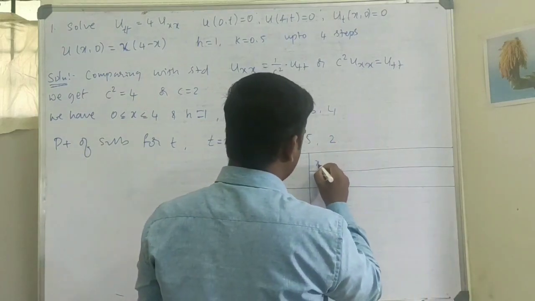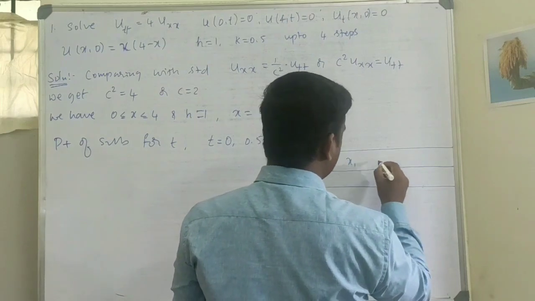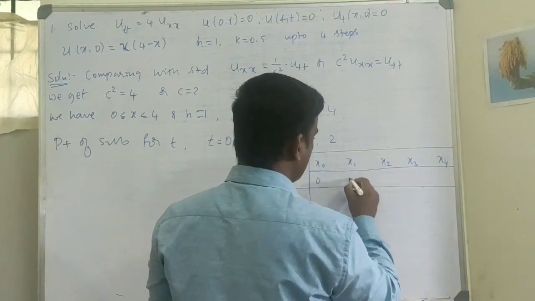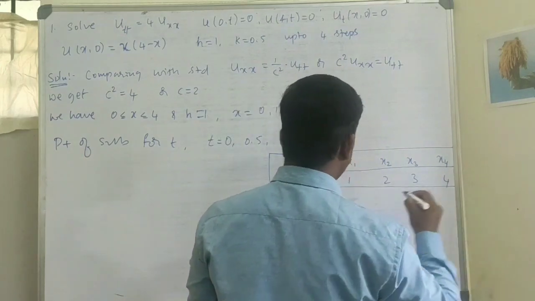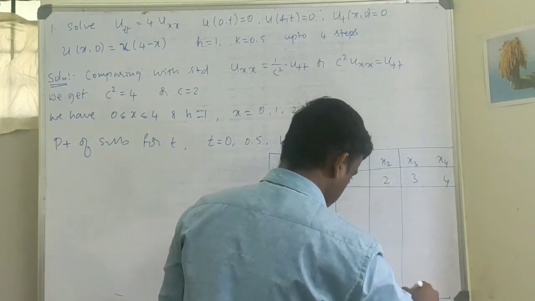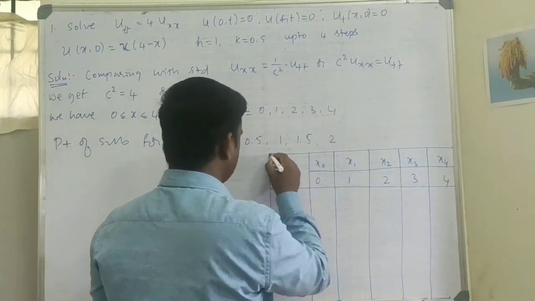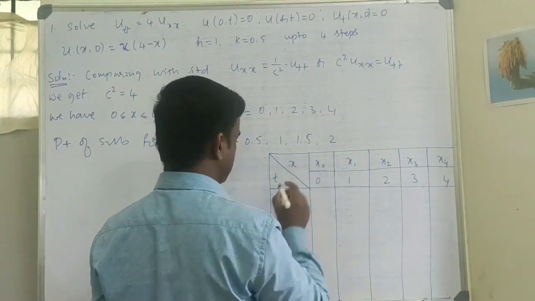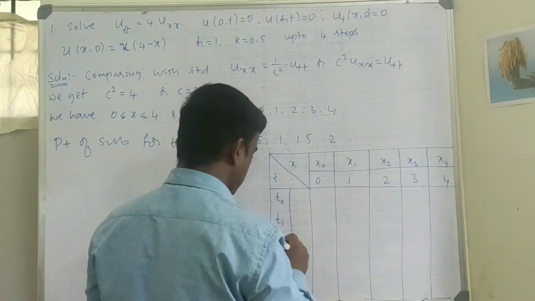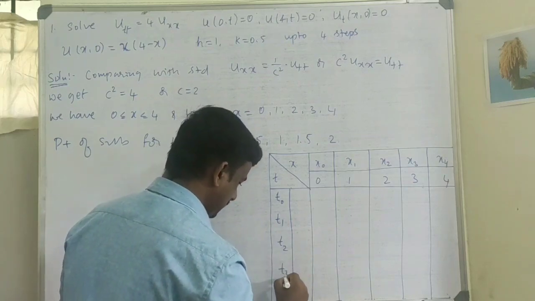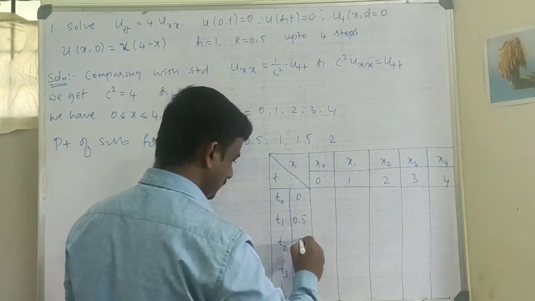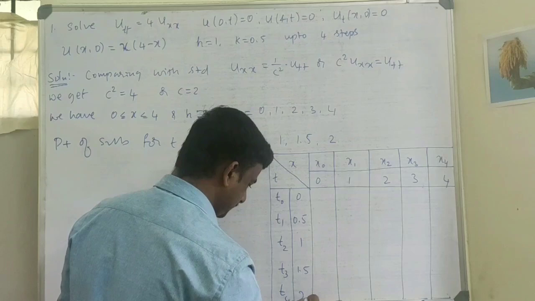So here x0, x1, x2, x3, x4 are 0, 1, 2, 3, 4, and t0, t1, t2, t3, t4 are 0, 0.5, 1, 1.5, 2.